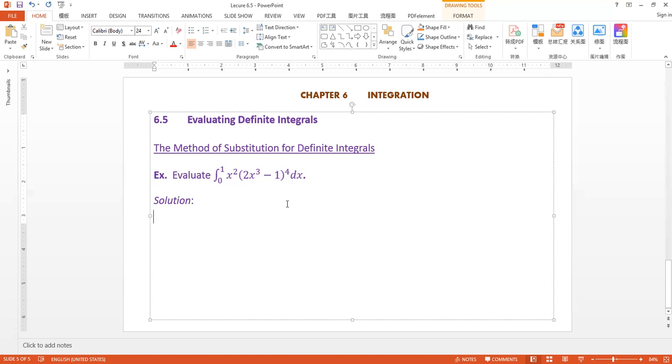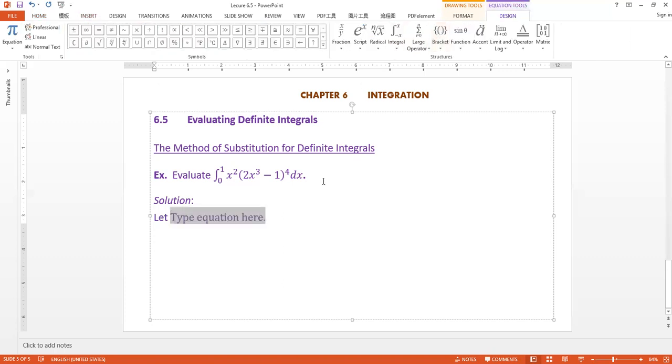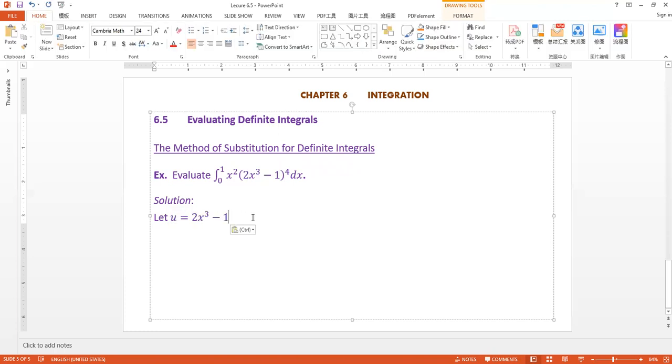The idea of substitution is to define a new variable. Here, we can define the new variable u as 2x cubed minus 1. This is the part in the parentheses, and that's the part that makes some trouble for us, so we define it as u, and that usually simplifies the situation.